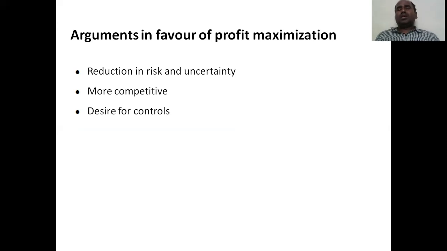Then, the next argument in favor of profit maximization is reduction in risk and uncertainty. If the company has a good or sufficient profit, or is in the position of profit maximization, it will definitely help to reduce the various kinds of risk it may face in competition. Though there are changes in the environment, the company can adjust with those changes and face the risk.